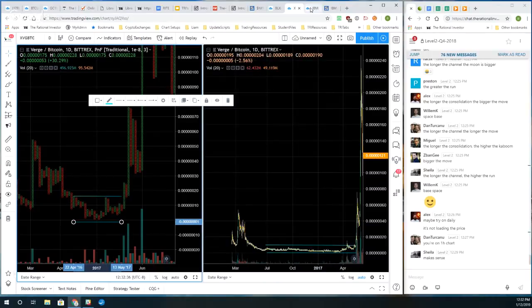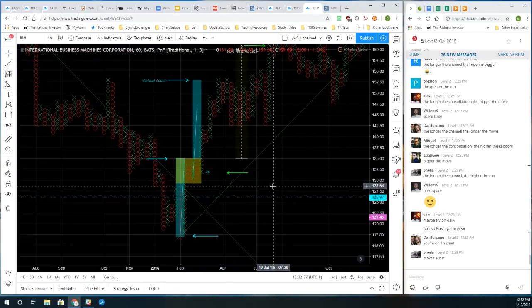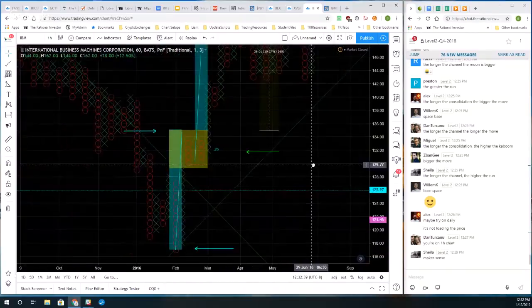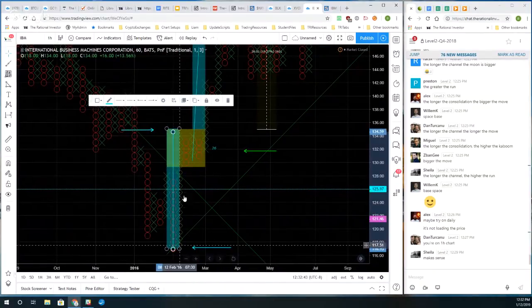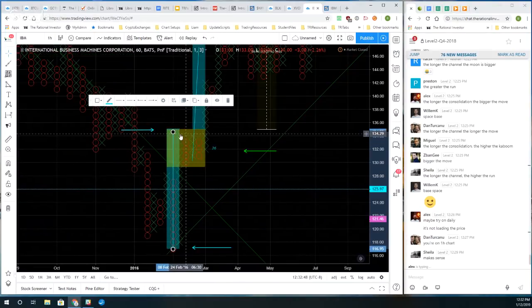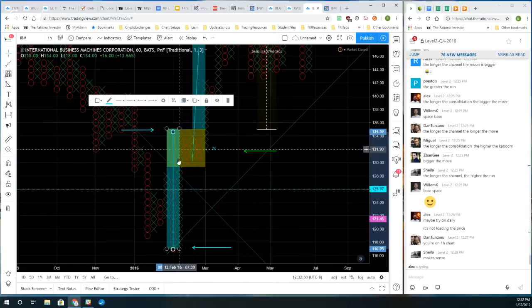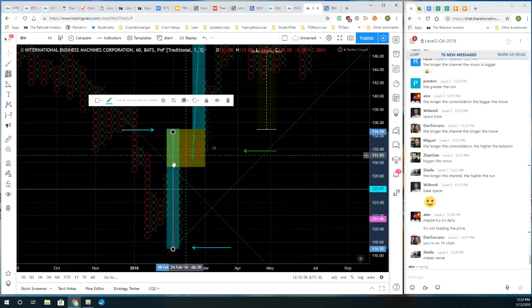Now, I showed you on IBM here. Here's a really good, simple example. So we talked about vertical count, right? Just basically straight up. But notice that it jumped up into this range, and notice these highs are the same. So you can actually count the number of boxes in this price range. And it turns out there's 26 boxes in here.